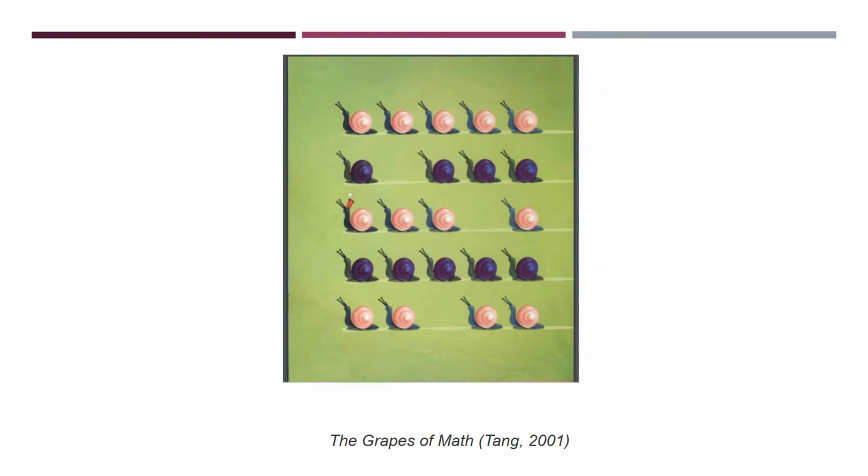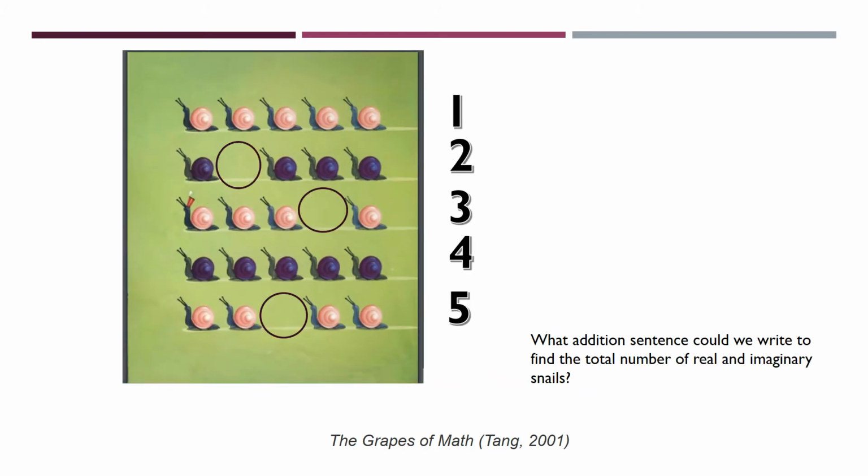Let's do that now. How many are in each row, including the imaginary snails we drew? I see an array is complete with 1, 2, 3, 4, 5 equal rows.